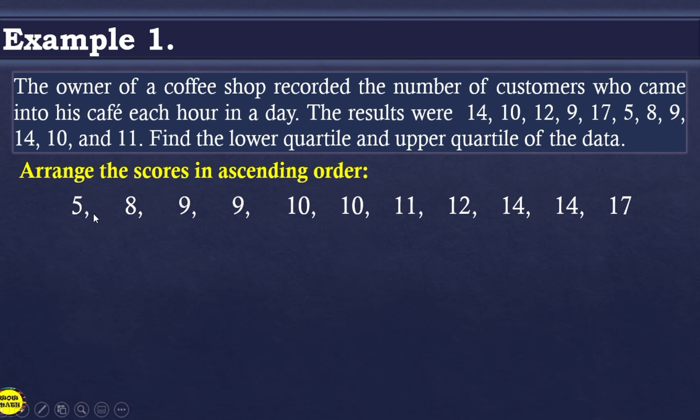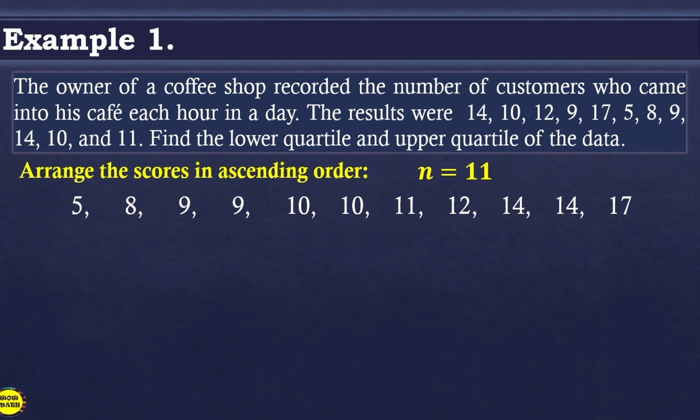Once na na-arrange na natin yung scores, identify natin kung ilan sila. So, n is equal to 11. Para makuha natin yung lower quartile and upper quartile, kailangan muna natin makuha yung middle value nito. Since 11 ito, ano yung middle value natin?